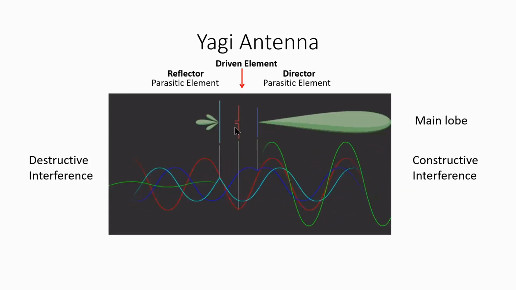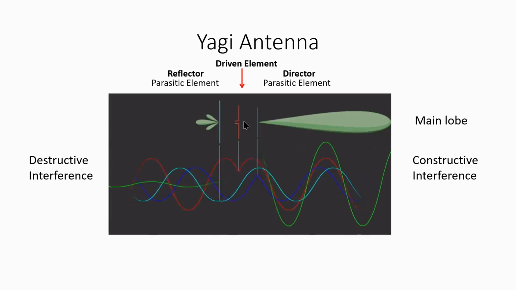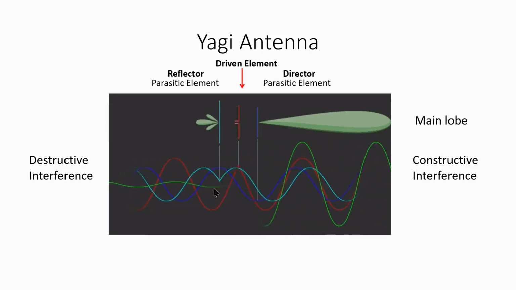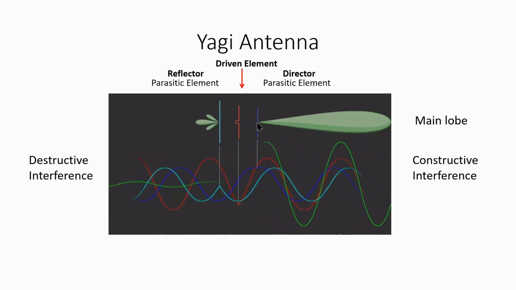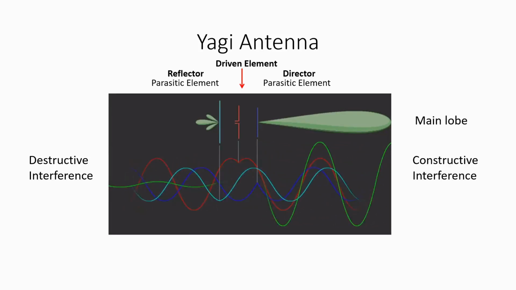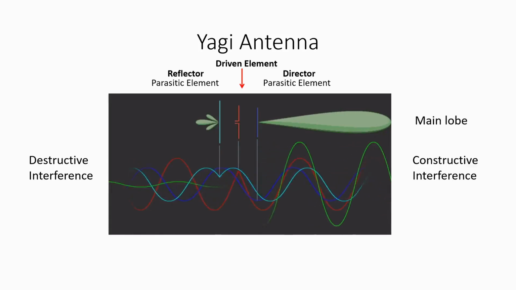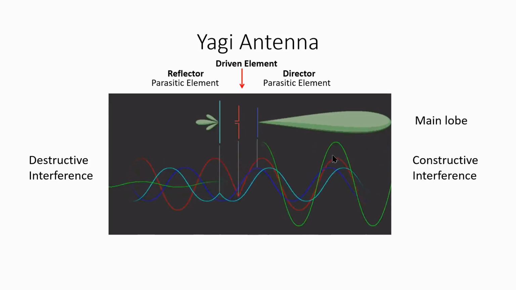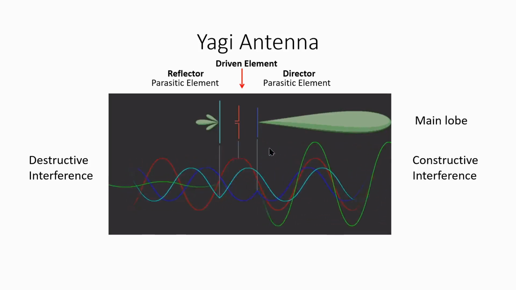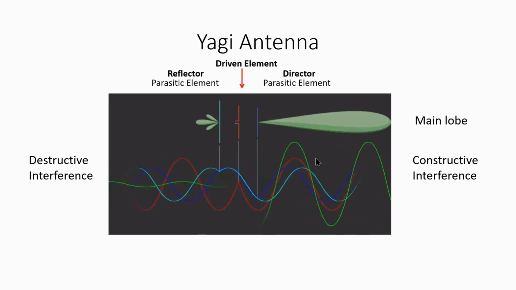This is basically a dipole. As this energy goes off in both directions, as it passes the director, which is shorter, it tends to match the phase. It creates its own energy and it matches the phase.